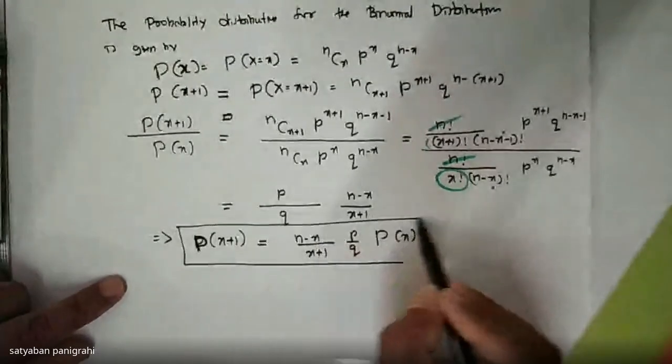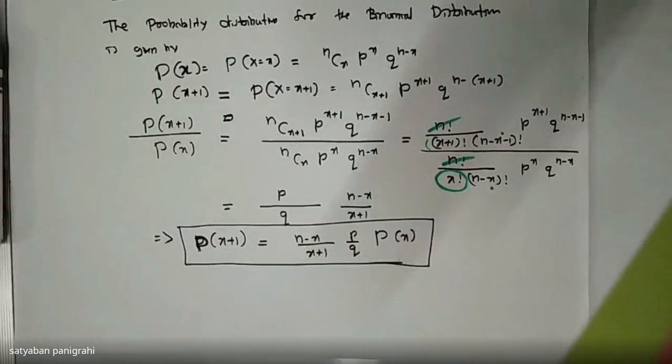Okay, this is the recurrence relation for a binomial distribution.